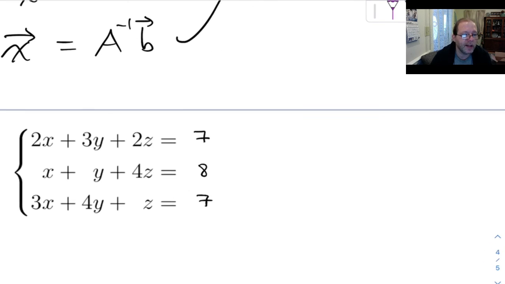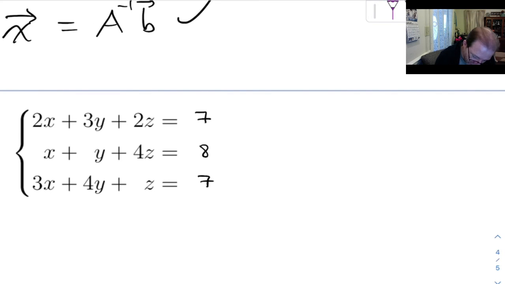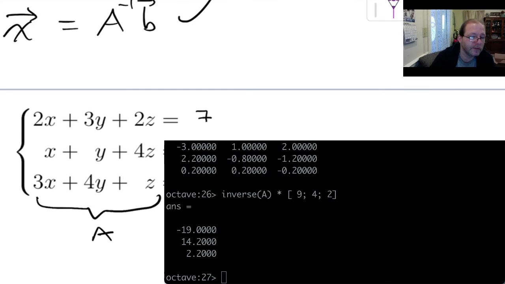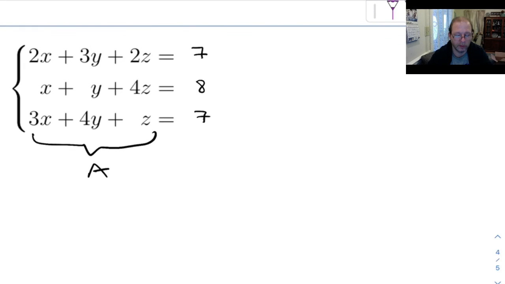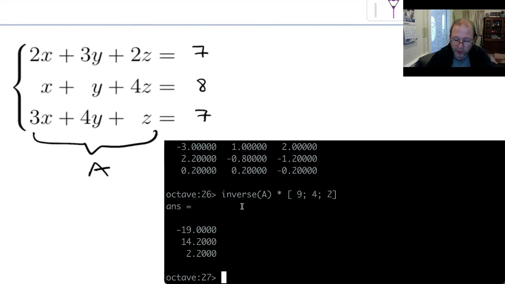Well, if we want to solve that now, since we've already got our A inverse here, what we can do is come back over here to Octave and just change one thing. The matrix we're multiplying by.